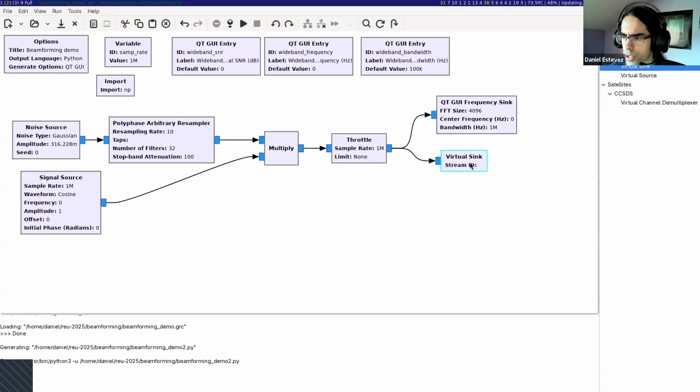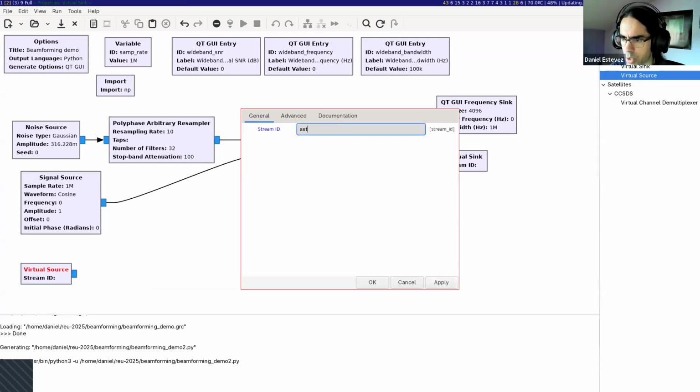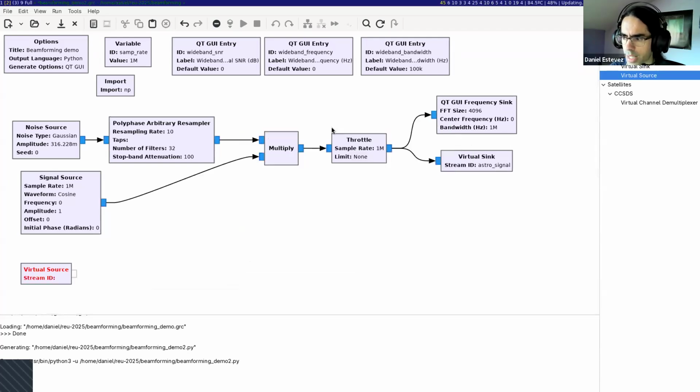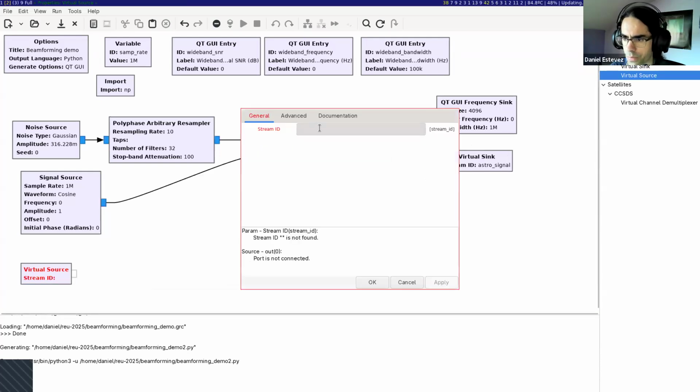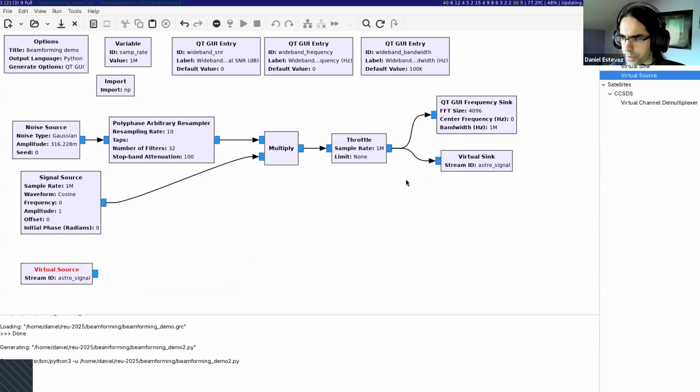A virtual sink is used to do connections rather than drawing a line connecting two blocks. You put a line into a virtual sink, and then you have a virtual source, which is the other end of the connection. And I'm going to call this here astro signal for astronomical signal. I need to put the same name here.